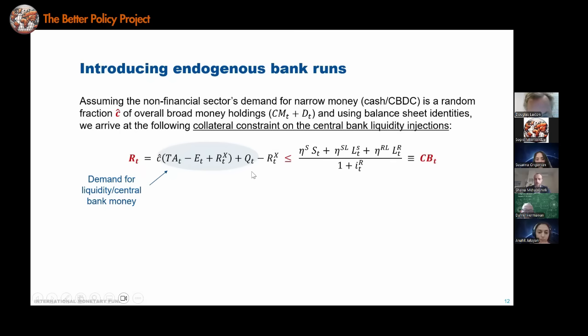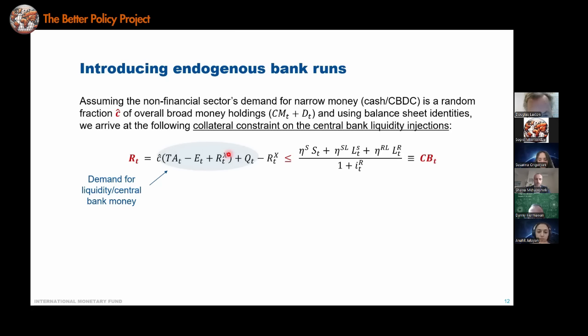One is this QT, and let me use the laser pointer here. This QT is reserve balances that banks hold at the central bank, for instance, to satisfy reserve requirements, plus demand for cash from the general public, from companies and from households. And this C hat is a random variable. Banks do not know its realization ex ante, but once it's realized, this amount of cash will be demanded by the rest of the economy.